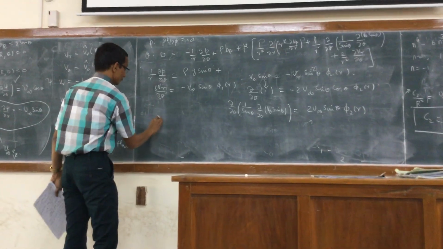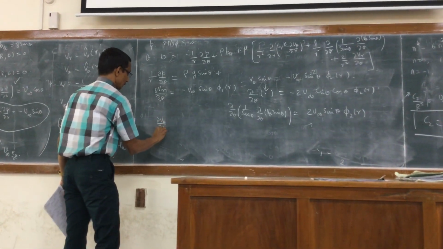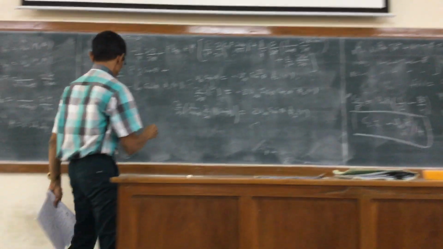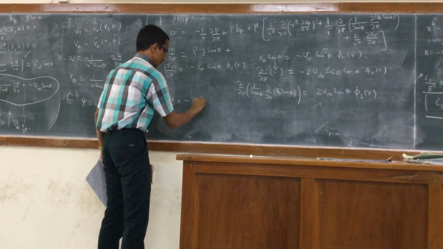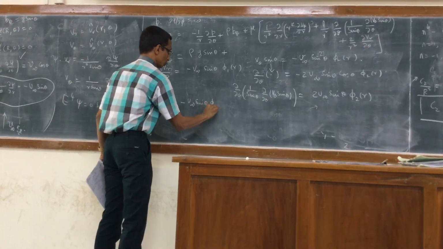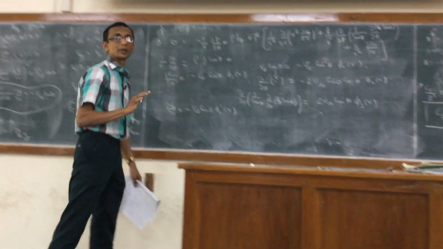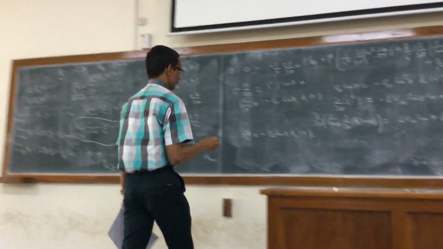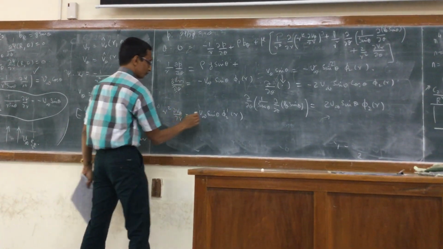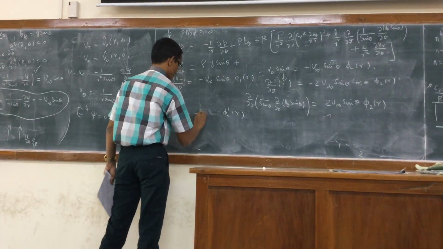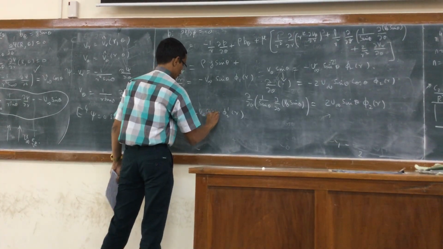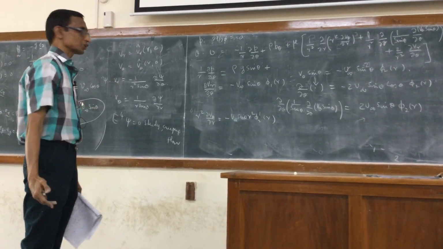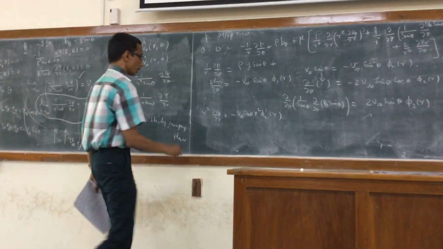So dv theta by dr is given by minus d infinity sine theta times phi 2 prime of r. The prime here denotes derivative with respect to r. So I have to take r squared of that, r squared of phi 2 prime. Then I have to differentiate it with respect to r.